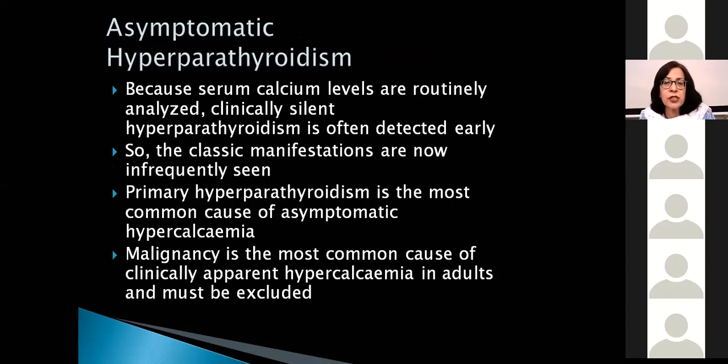Classical manifestations are now infrequently seen, because the patient is diagnosed early. Primary hyperparathyroidism is the most common cause of asymptomatic hypercalcemia, and malignancy is the most common cause of clinically apparent hypercalcemia in adults and must be excluded.